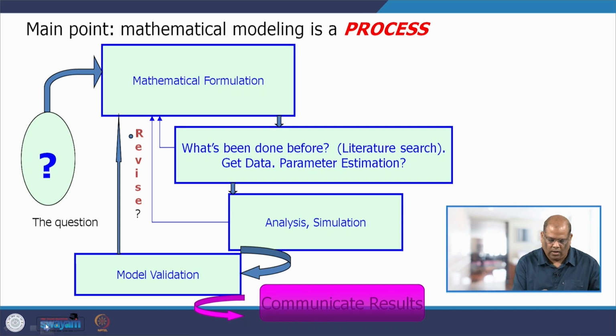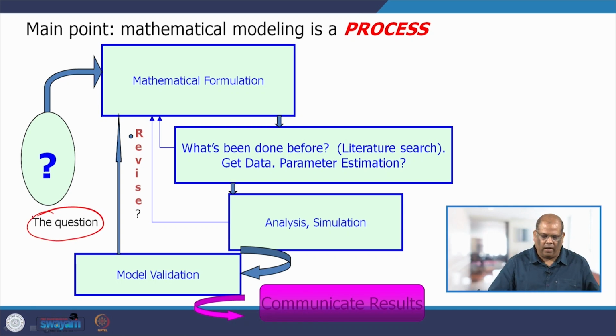Now, let us explain this schematic diagram. As you can see, here I have my question. The question which I pose now is, say, what is the growth of a tumor? Can there be a mathematical function that can capture the growth of a tumor?